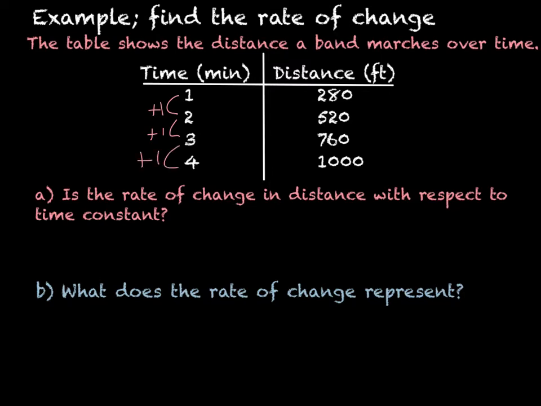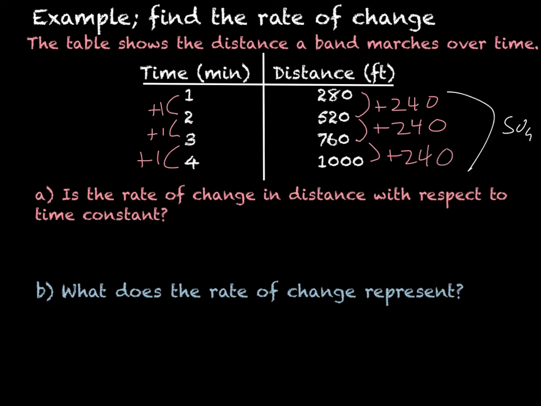Now on the distance, we say this is 240, and then from here to here is also 240, and then 240. So because they are all the same, that means that the rate is constant.